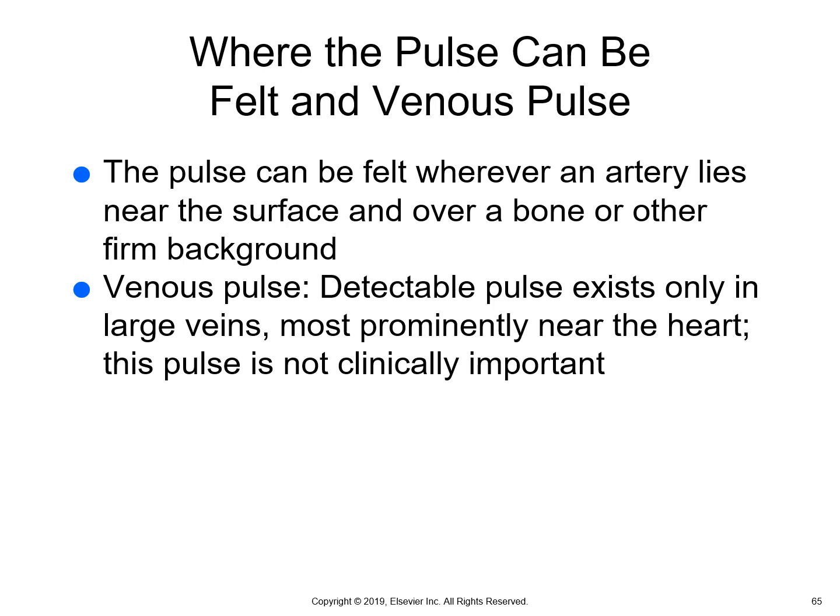So it's usually detectable only in large veins, primarily those near the heart, such as the jugular vein. So again, it's only detectable in those large veins, primarily just the vein near the heart, which is our jugular vein.